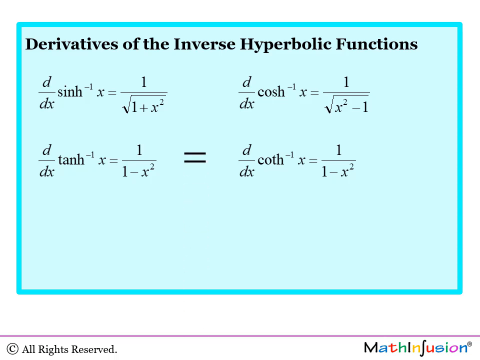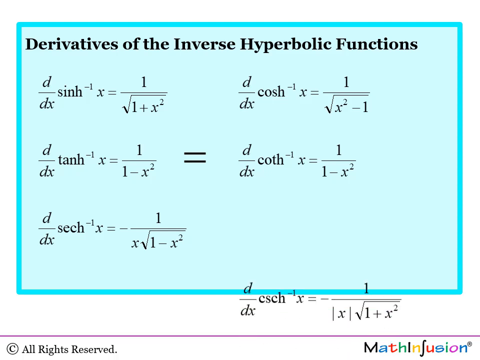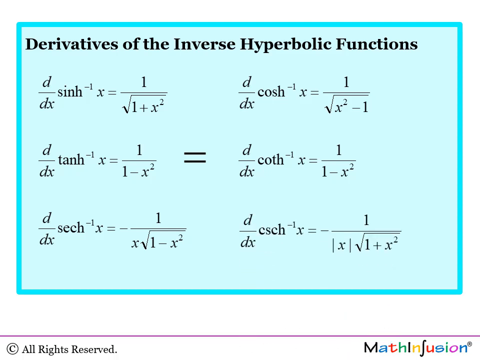Yes? d dx of the inverse secant hyperbolic x equals negative 1 over x times square root of 1 minus x to the power of 2. And d dx of the inverse of the cosecant hyperbolic x equals negative 1 over x in absolute value times square root of 1 plus x to the power of 2.